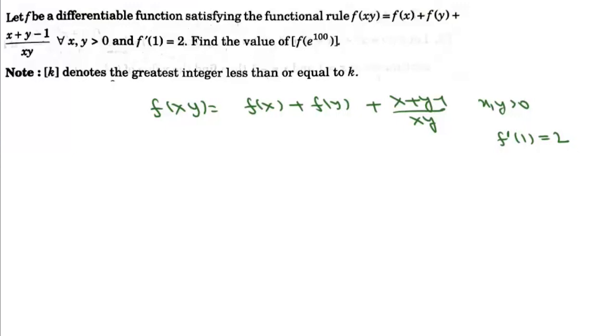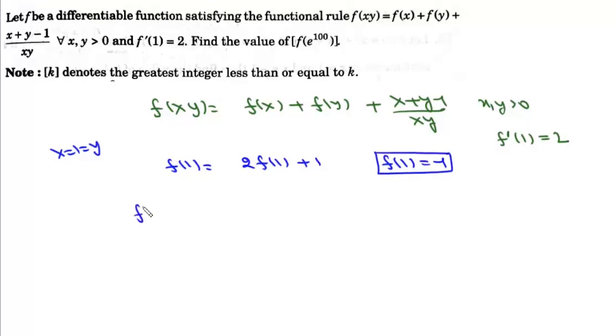Now what we'll do is we'll find the value of f1. We'll put x and y as both 1. So it'll be this f1 and it'll be this 2f1, and here it will be this 1. So from here we can say value of f1 will be minus 1.